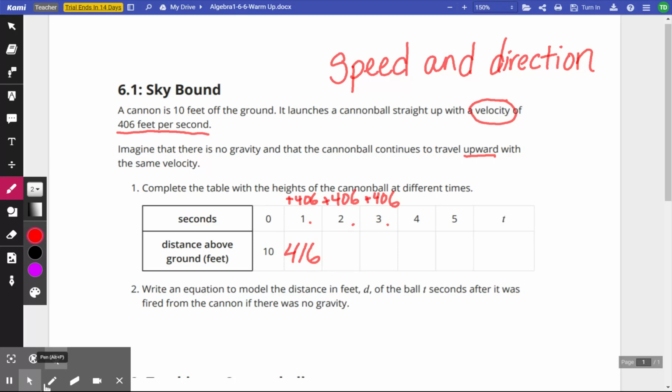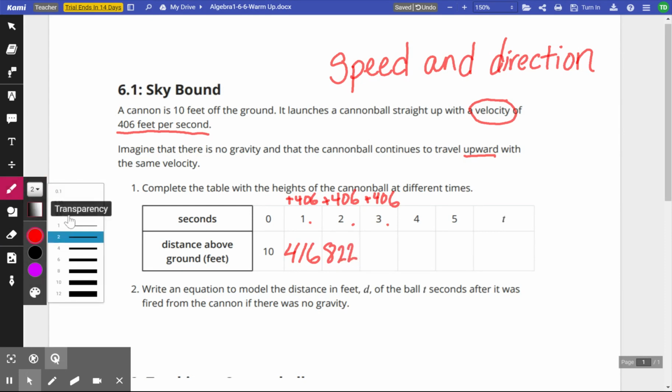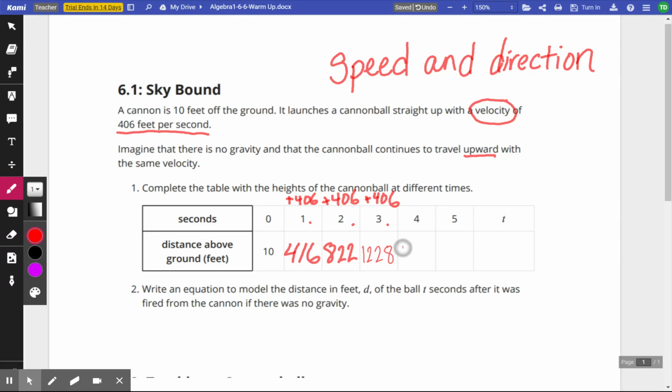So that gives me 416, 822, 1,228, 1,634, 2,040. And now we get to T.